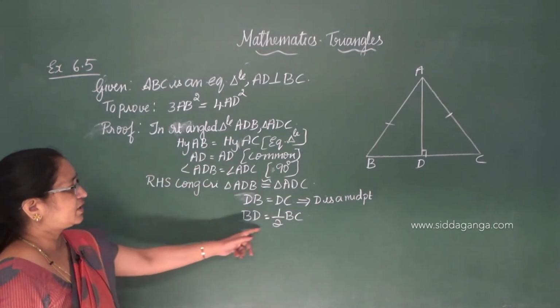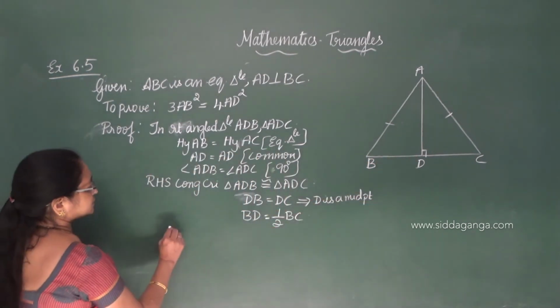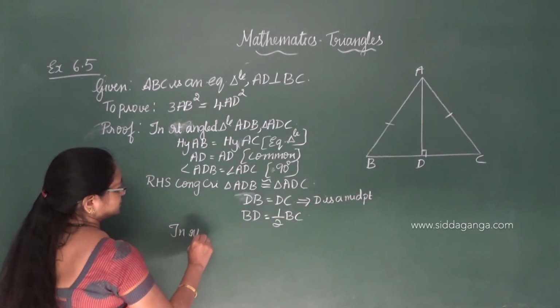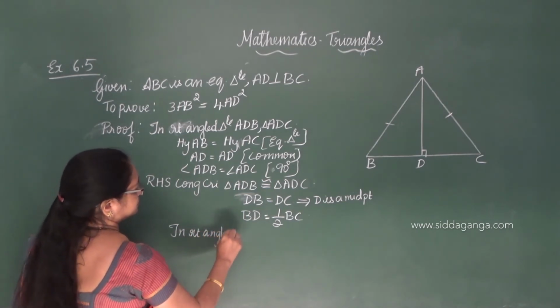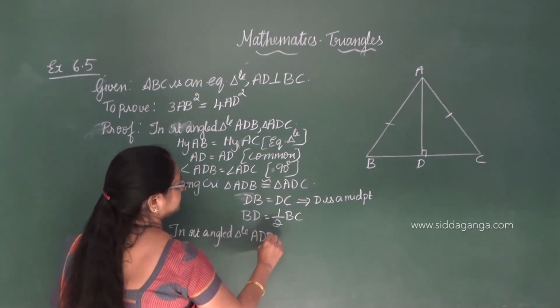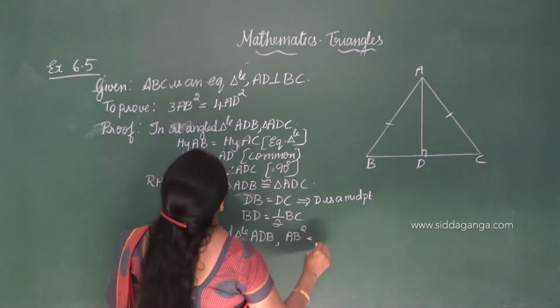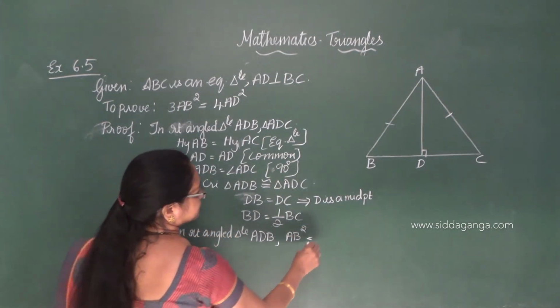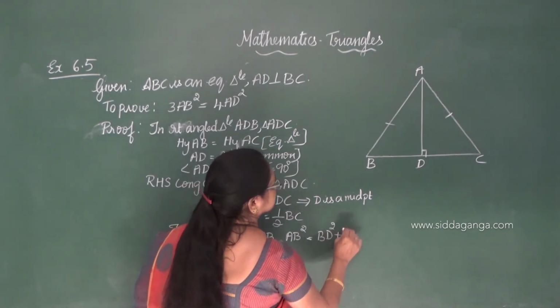Okay, DB is equal to half of BC. Now in right angled triangle ADB, AB square is equal to BD square plus AD square.